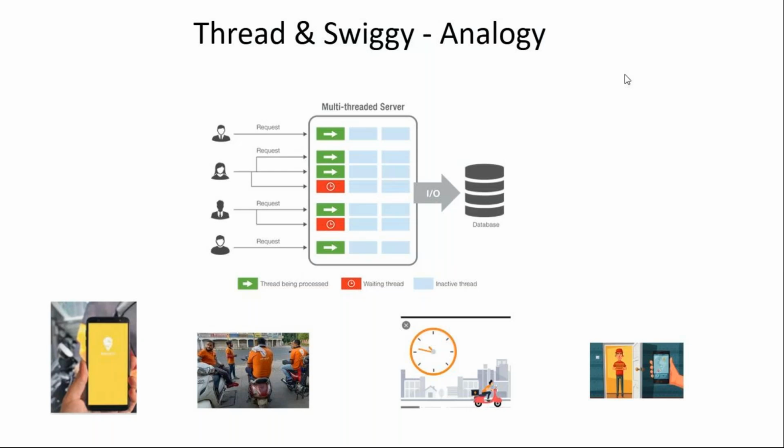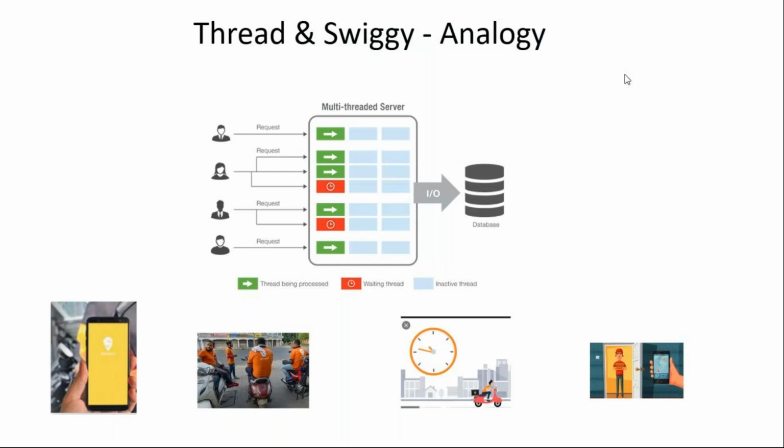Similarly, when it comes to your server, you have a browser through which, say, you log in to Amazon.com and order, or do a search, or add something to a cart, or place an order. Whenever you do some transaction on Amazon, you can compare it to ordering food in your app.